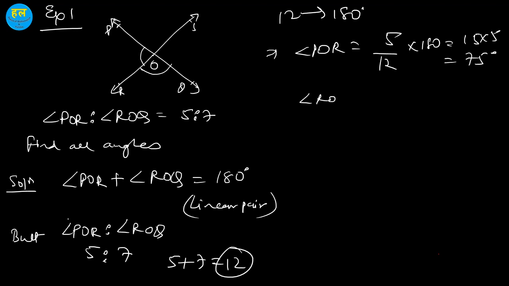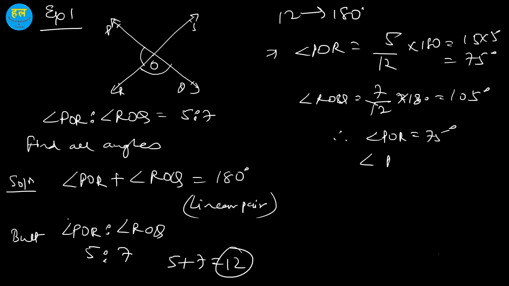And angle ROQ is equal to 7 upon 12 into 180 degrees. It is 105 degrees. Therefore, angle POR is equal to 75 degrees and angle ROQ is equal to 105 degrees.